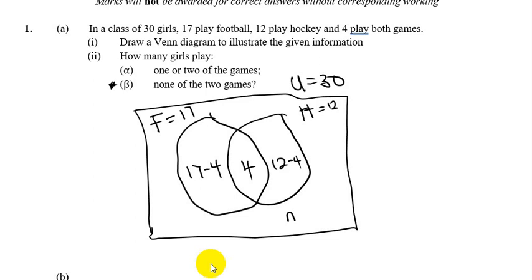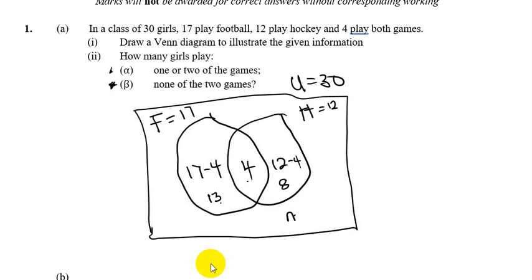So now what do we do? We are told to find 1 or 2 of the games, but we have to find the real number for football only, and that is 17 minus 4. So 17 minus 4 is 13 for football only, and 12 minus 4 is 8 for hockey only. Okay, so if I add this plus this plus this plus the n and I equate it to 30, I will get the number of those who do not play any game.